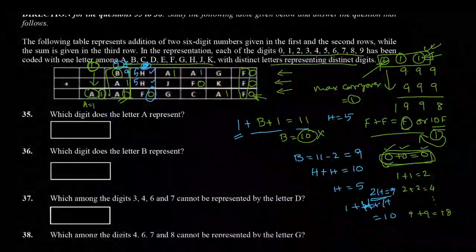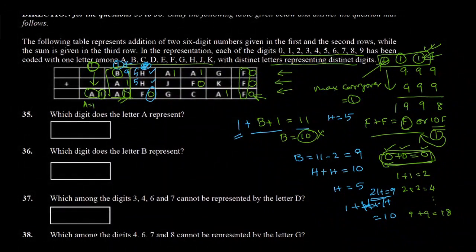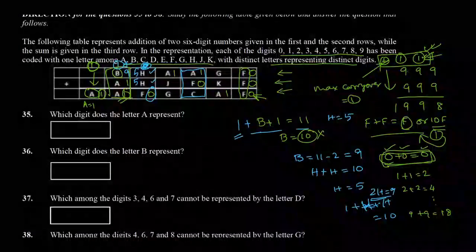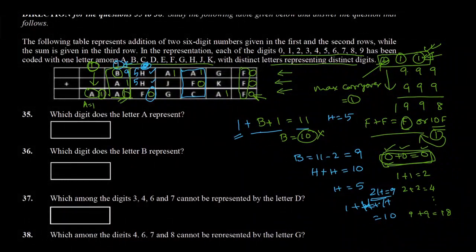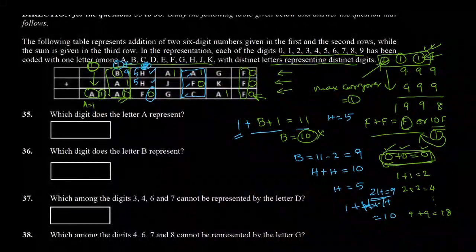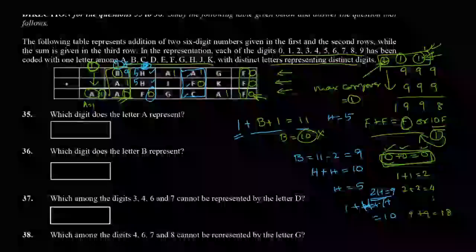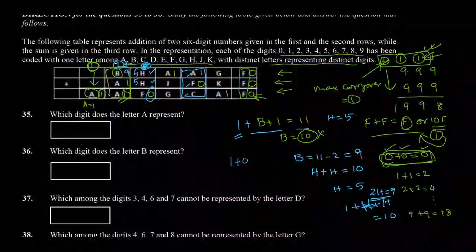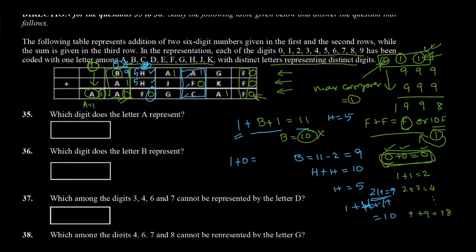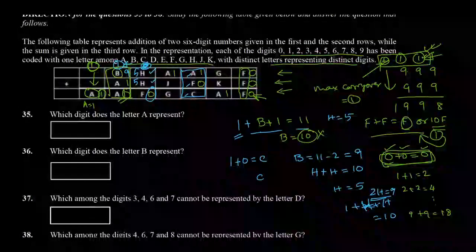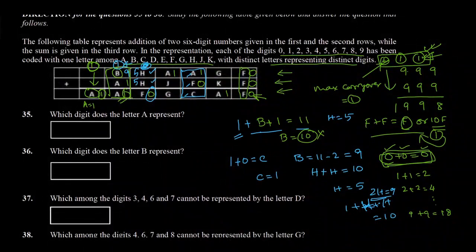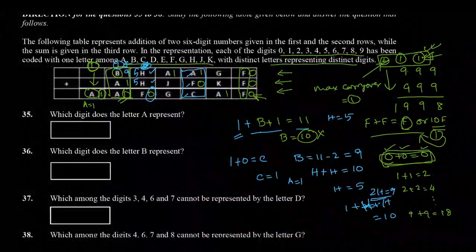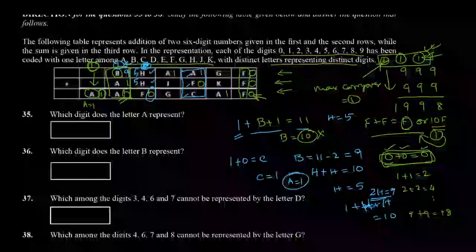Now let us look at this column where we have A plus F is equal to C. Notice that the value of A is 1, so 1 plus 0 is equal to C, and in that case C is equal to 1, but we already have the value of A equal to 1, and therefore C cannot be 1.